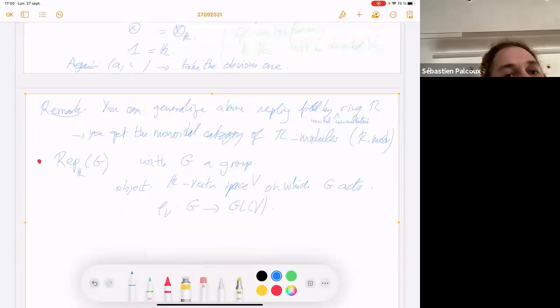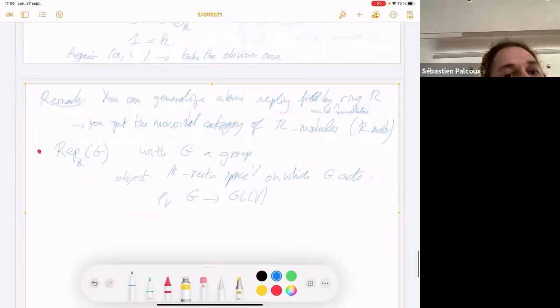I have this representation, and the morphisms are K linear functions preserving the action of G.